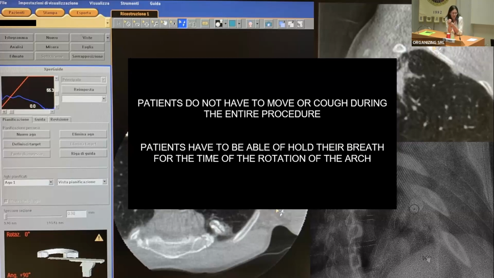He doesn't have to cough, because every single movement of the patient starting from the first scan will raise the risk of non-targeted biopsy. The patients also have to be able to hold their breath for the time of the rotation of the arch around the patient to have this volumetric image acquired. So at least for 10 to 50 seconds, the patients should be able to hold their breath.